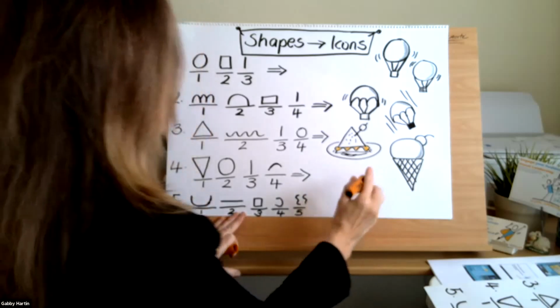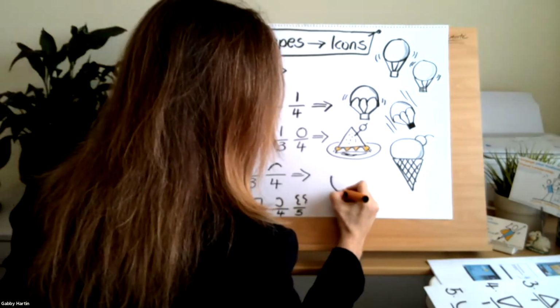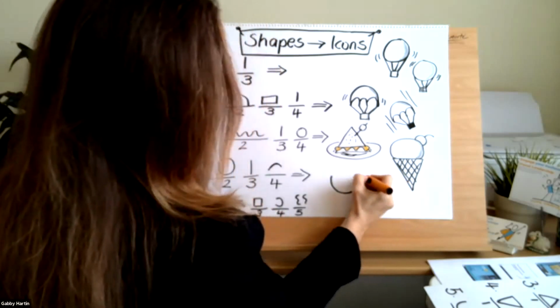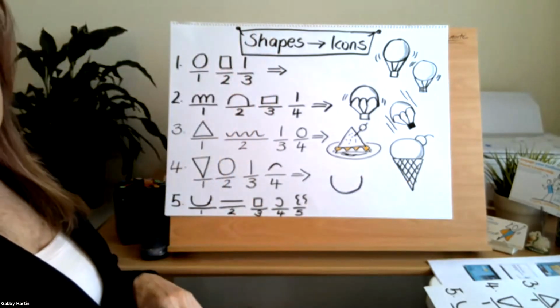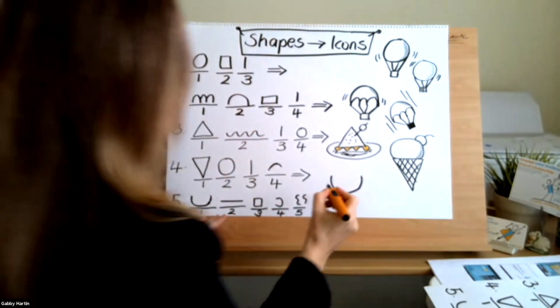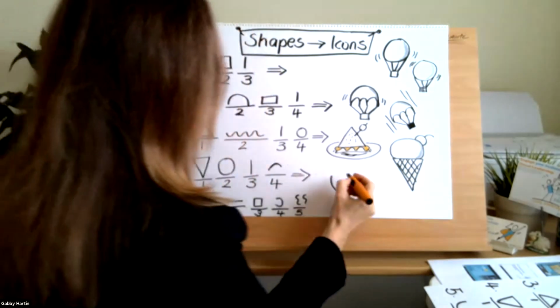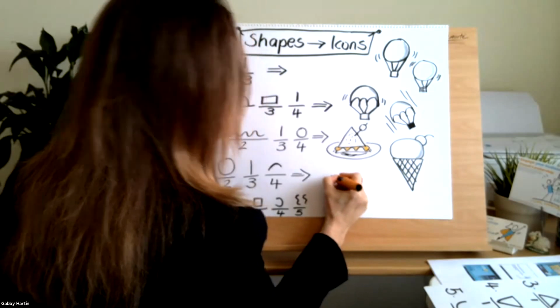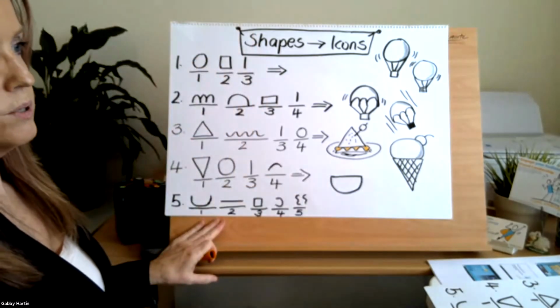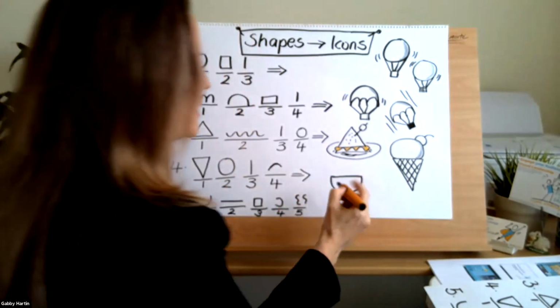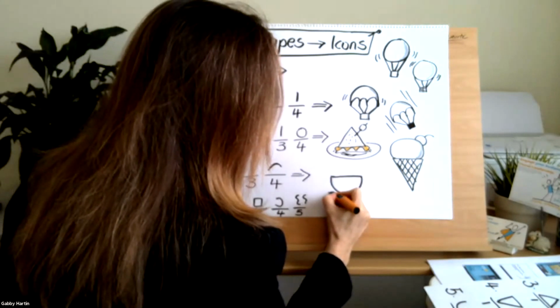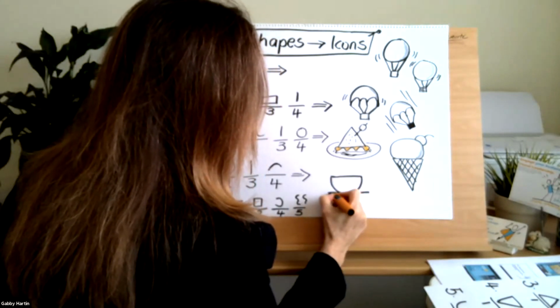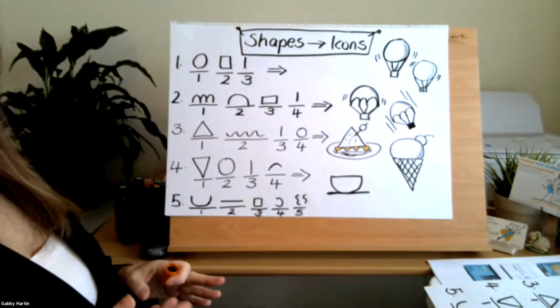I've got space right here, which is good. Upside down semicircle. Now my straight line is actually going to close off that semicircle up top. And then another straight line underneath becomes my saucer.